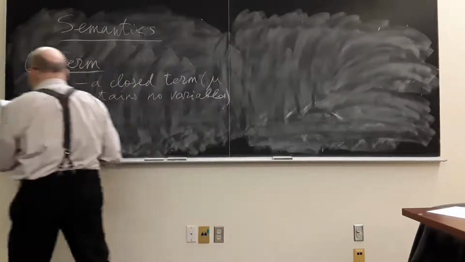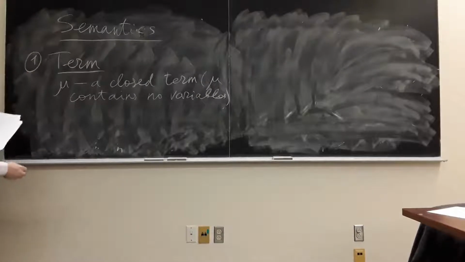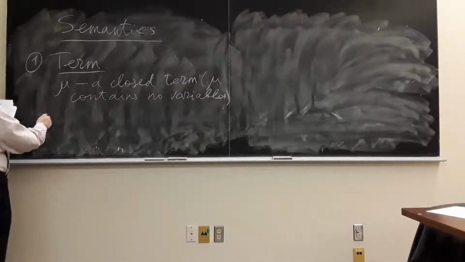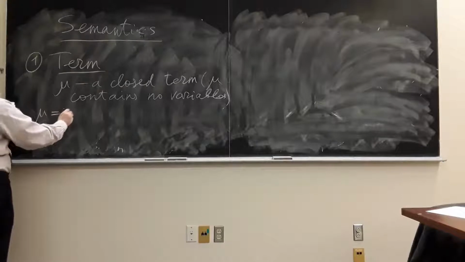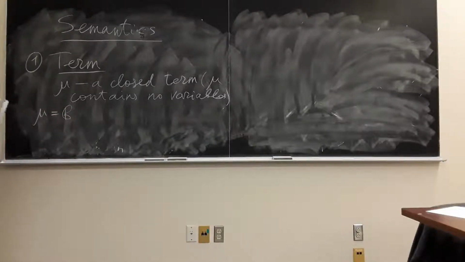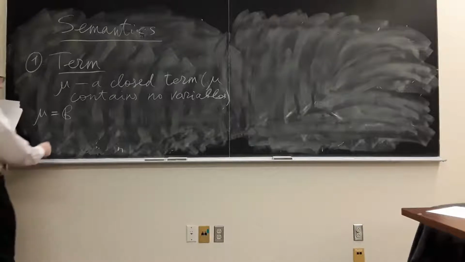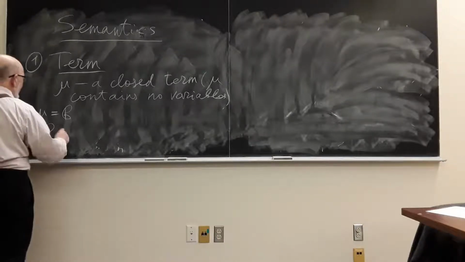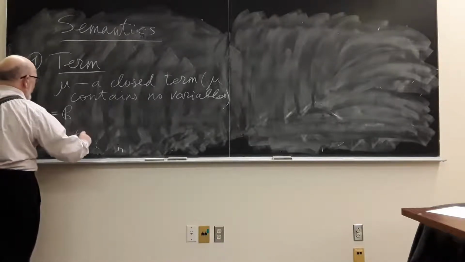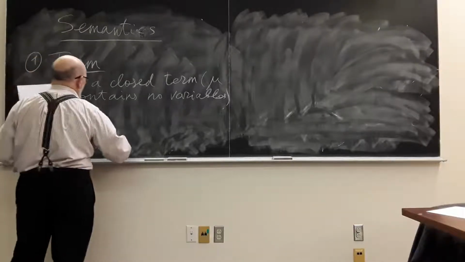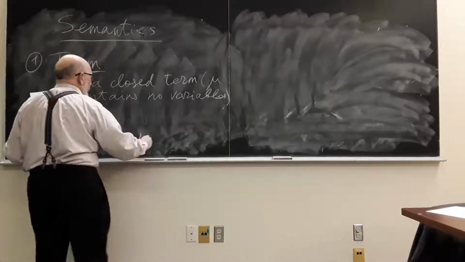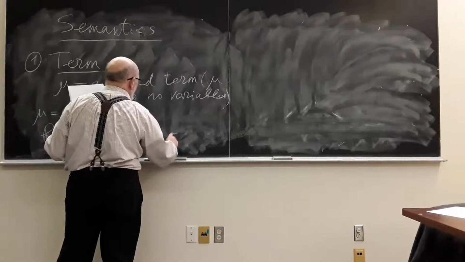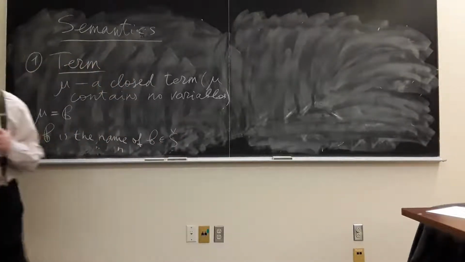First consider this: suppose that mu equals some constant. It is the name of some element of our universe. So B is the name of some b in our universe.